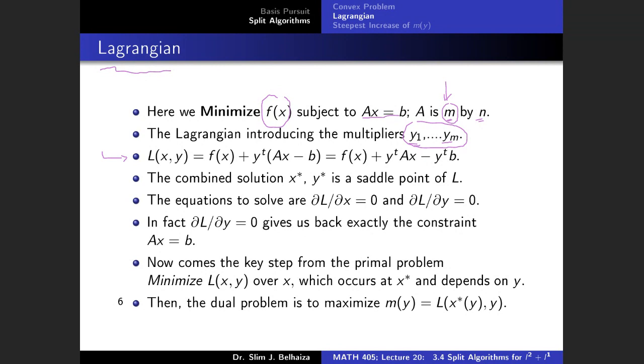Instead of working just on minimizing f of x, you'll be working on minimizing L of x, y. So what you did is bring these Ax equals b conditions into the objective, multiplied with the y's, the multipliers. So basically, you have a non-constrained optimization problem now. You may develop and write it this way, but generally it's not practical.